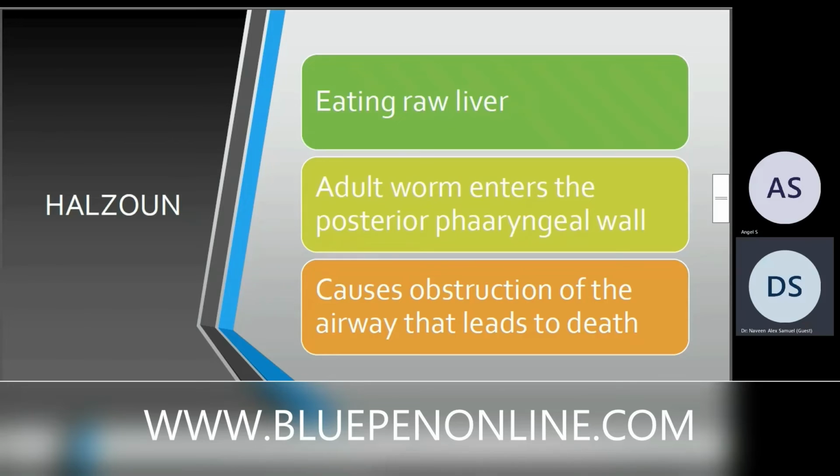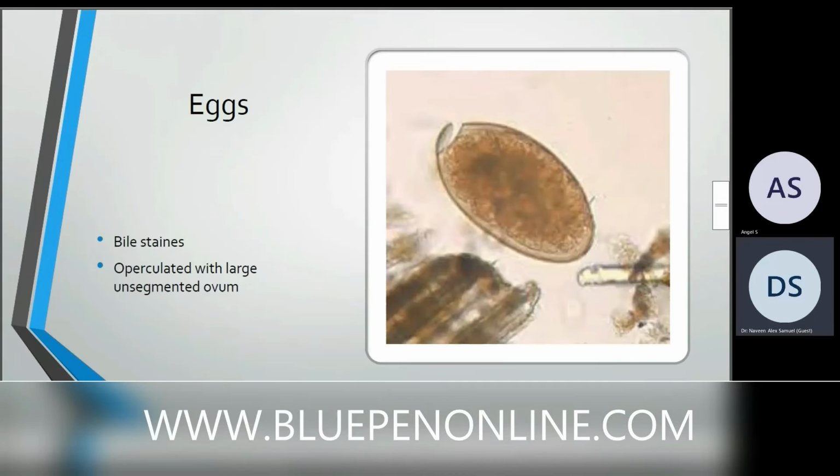Next, this is the egg of Fasciola hepatica. It is an operculated egg. What do you mean by operculation? On the top of the egg, do you see a small opening with a lid? Can you see? Yeah, that is called the operculum. And it is a bile stained egg. Sorry, I said non-bile by mistake. It is a bile stained egg.